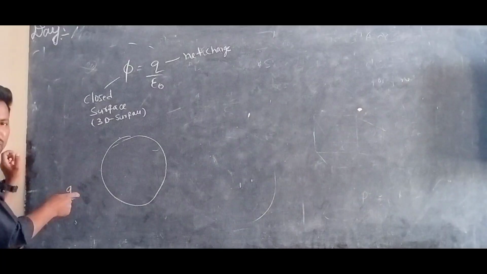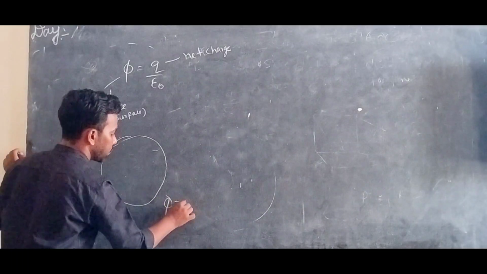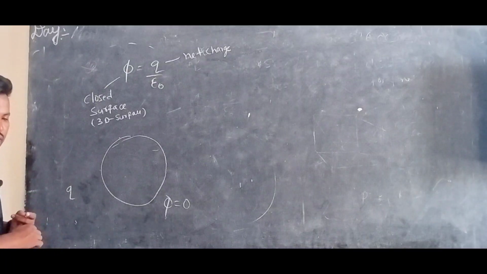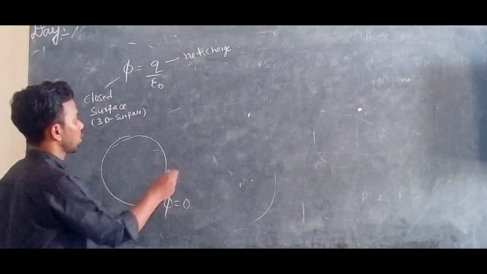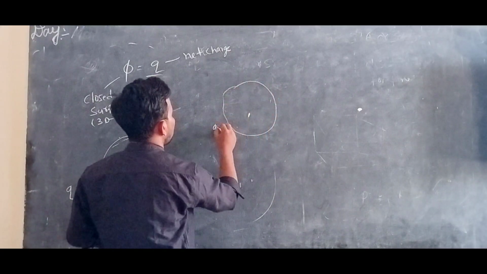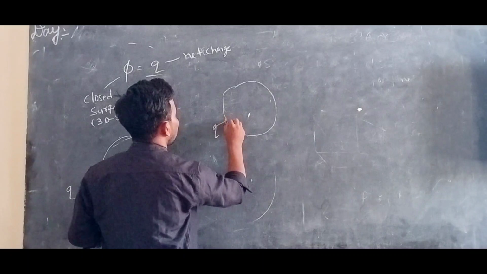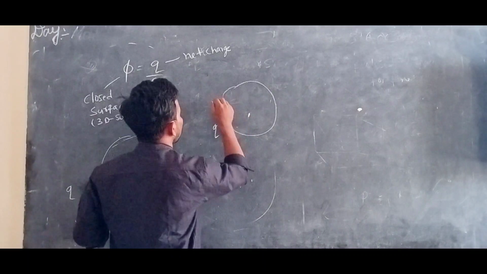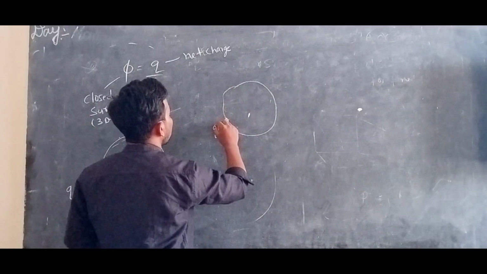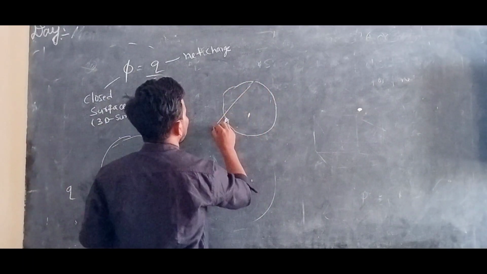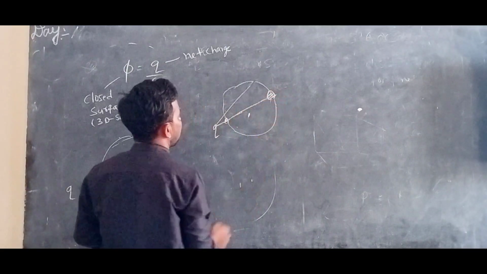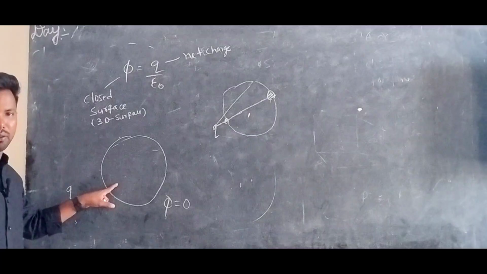If you place it outside, it will become 0. Let us take this point here. Outside it is 0. Outside the electric flux is 0.